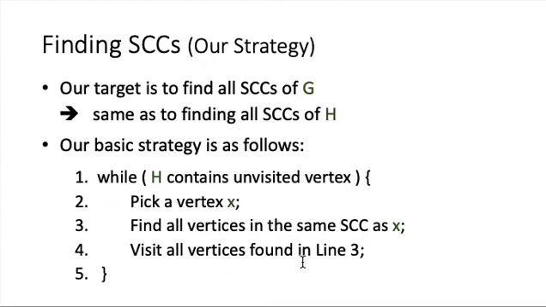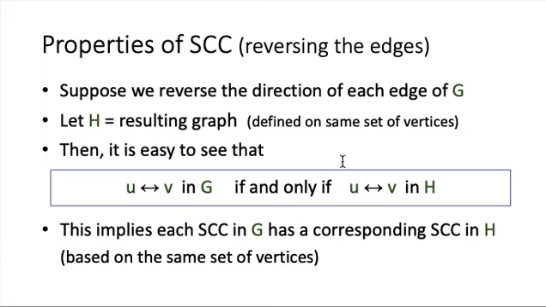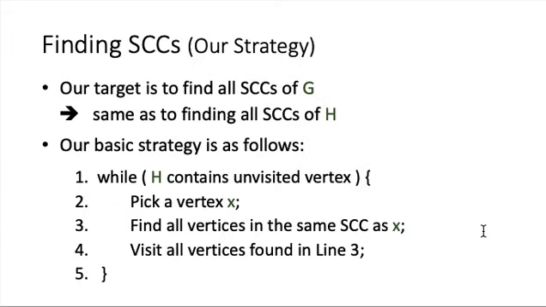We have defined the concept of SCC, and now, given an input directed graph G, can we find all the SCCs of G? From the previous result, the SCCs of the original graph G correspond to the SCCs in the reverse graph H. So finding all the SCCs of G is the same as finding all the SCCs of H.